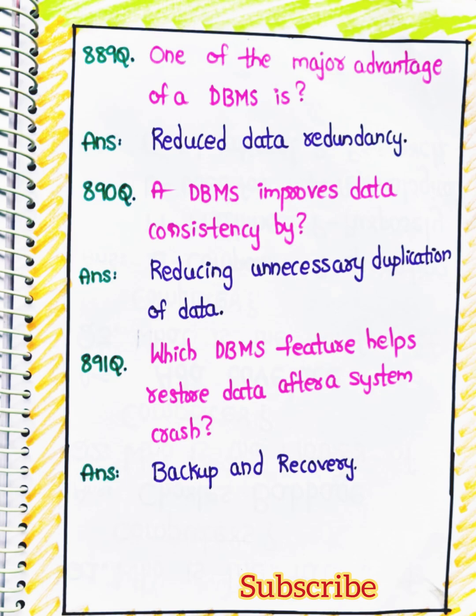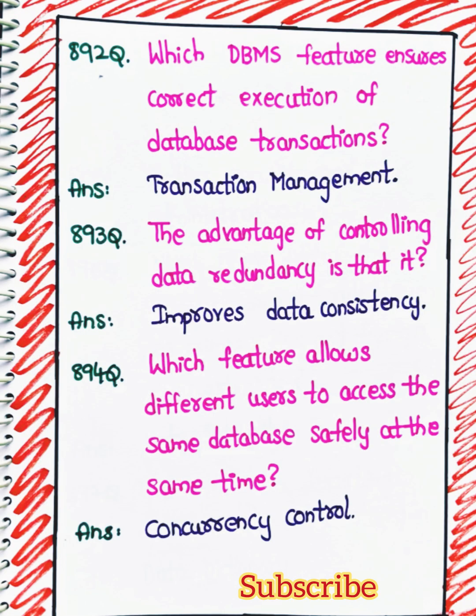A DBMS improves data consistency by reducing unnecessary duplication of data. Which DBMS feature helps restore data after a system crash? Backup and recovery. Next question, which DBMS feature ensures correct execution of database transactions? Transaction management.